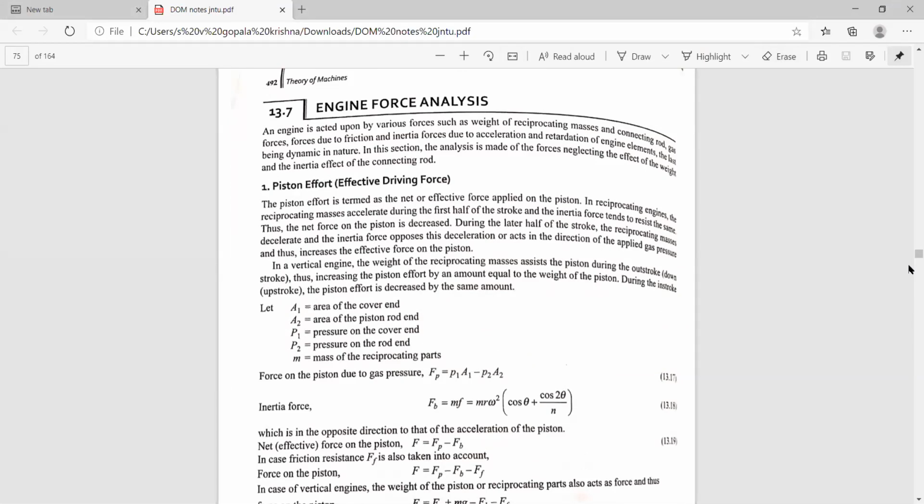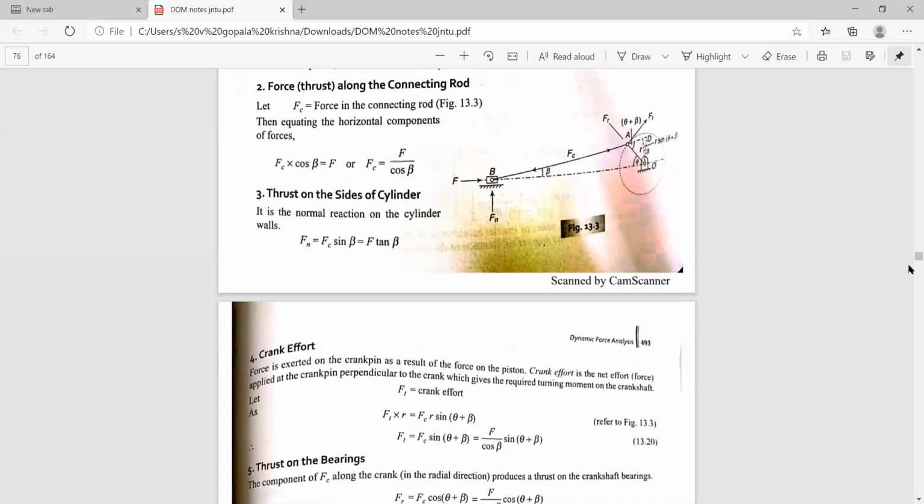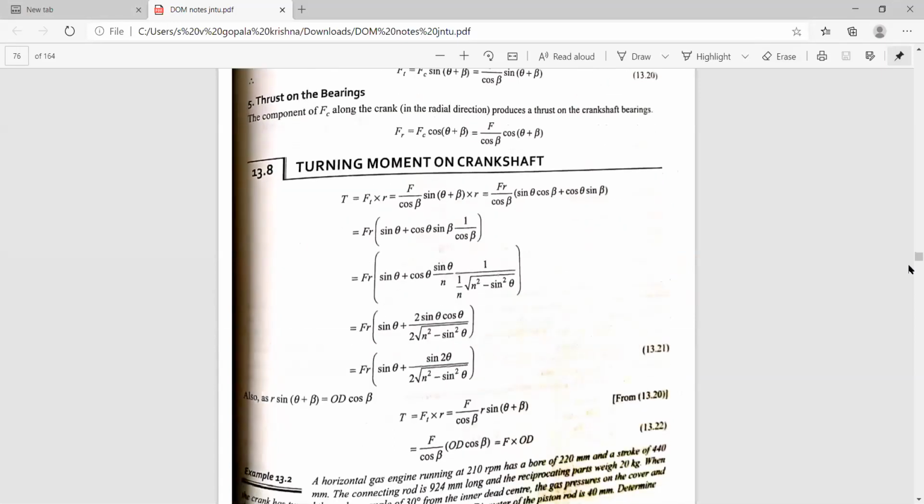The first is the piston effort or net force on the piston, the second is the force along the connecting rod, the third is the thrust on the sides of the cylinder, the fourth is the crank effort, the fifth is the thrust on the bearings, and finally the turning moment on the crankshaft.